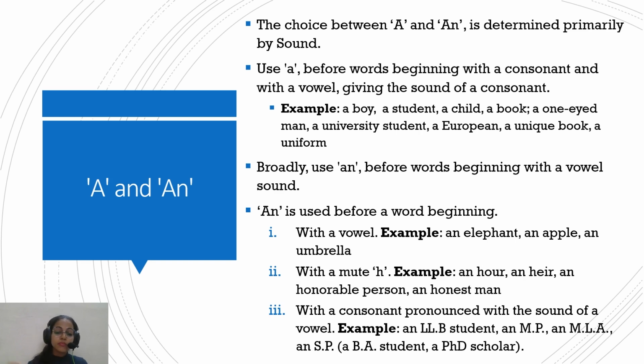But if it is BA, "a BA student", because B sounds like a consonant. A BA student, a PhD scholar, a NASA scientist, a UNESCO body. So you have to understand the sound of the letter, and based on that sound you choose. If it's a consonant-sounding letter, you choose "a" as an article. If it's a vowel-sounding letter, you use "an".